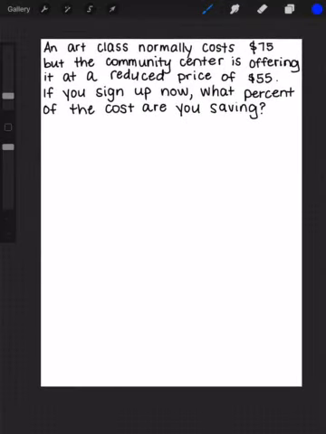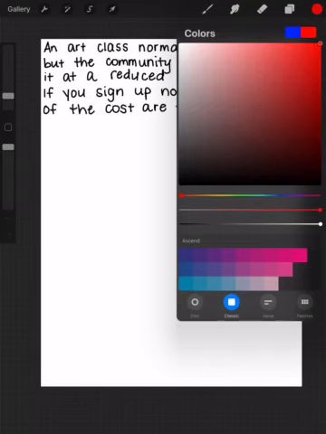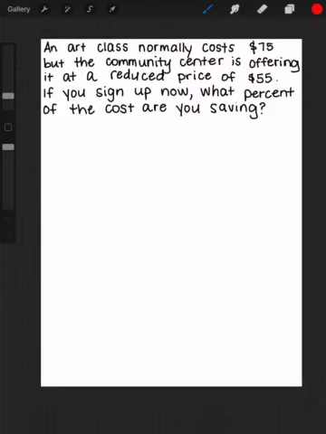In this one, it says an art class normally costs $75, but the community center is offering it at a reduced price of $55. If you sign up now, what percent of the cost are you saving? Let's start with our equation. Remember, it's original cost times your scale factor, which we do not know, that's our x, equals your new cost.